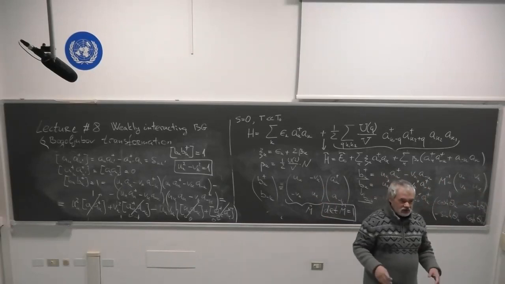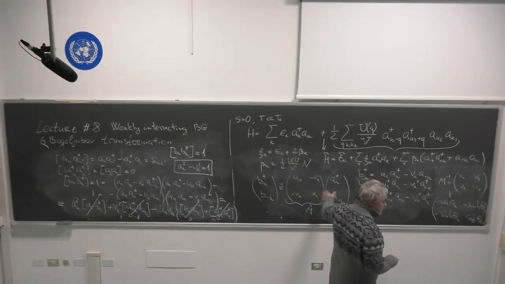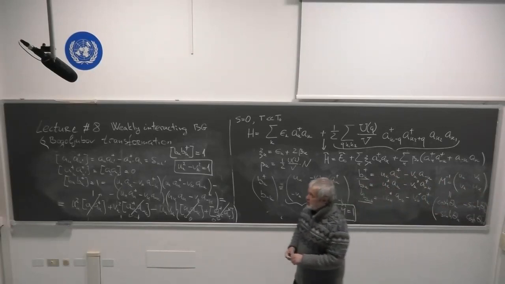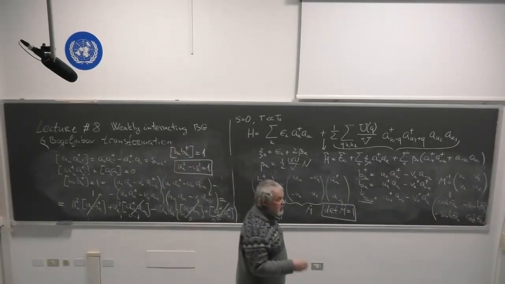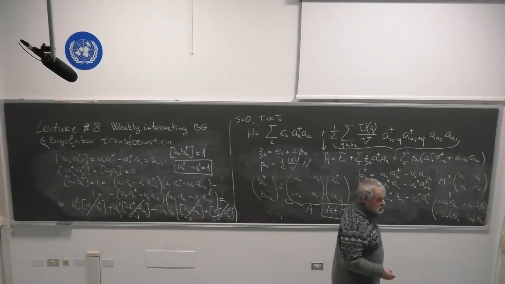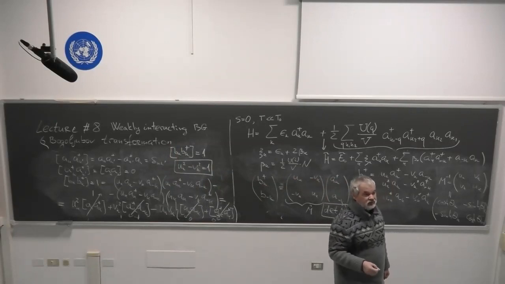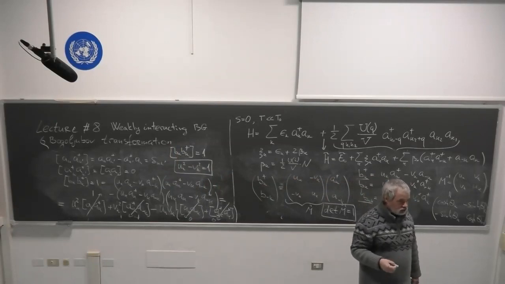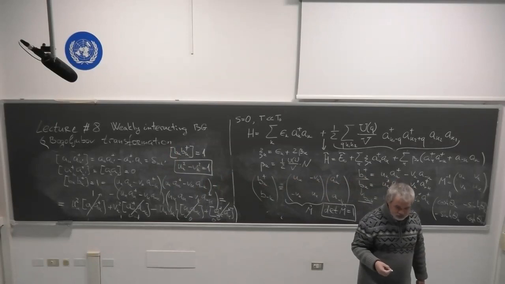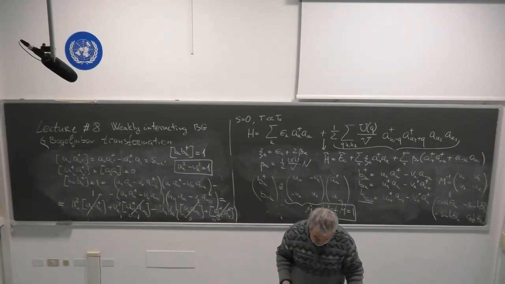So the message is that the UV transformation, which I introduced now, which in another language is called the Bogolyubov transformation, for the case of bosons is neither unitary nor orthogonal. And the reason is because the bosonic Fock space is not compact. Okay? Good.